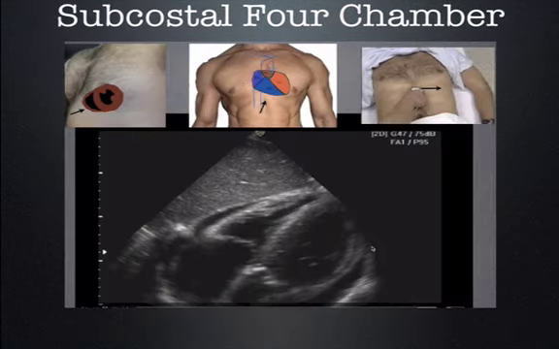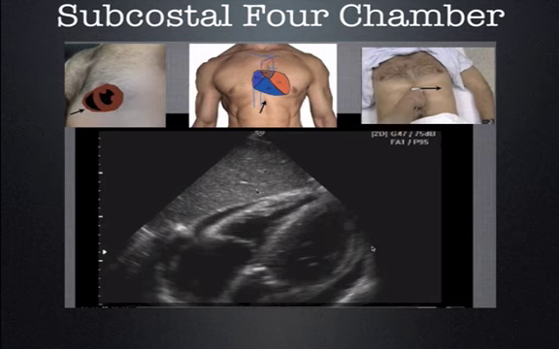Another view that is often used by emergency physicians, particularly those with not a lot of experience in echocardiography, is the plain old subcostal four-chamber view, and this is a fine view to use. Basically, the probe is going to be placed just below the xiphoid process with the probe indicator pointing to the patient's left. You'll get a view looking up through the RV to the LV, and looking laterally, this would be the perspective that the probe would have, looking through the right ventricle to the left ventricle.